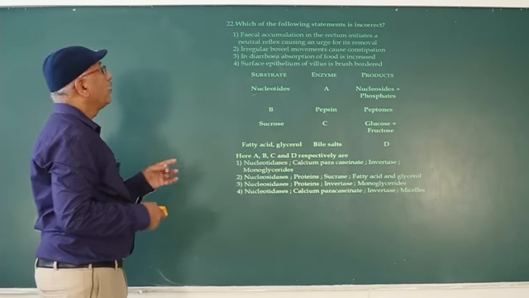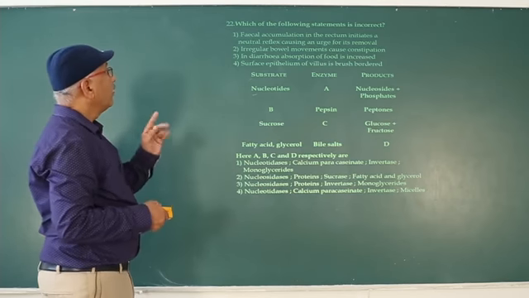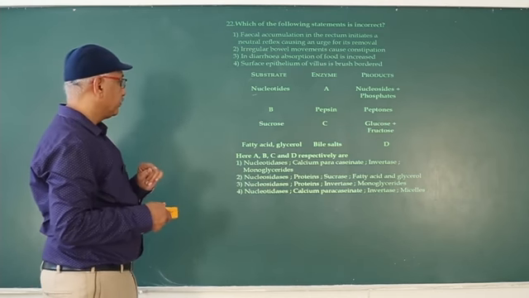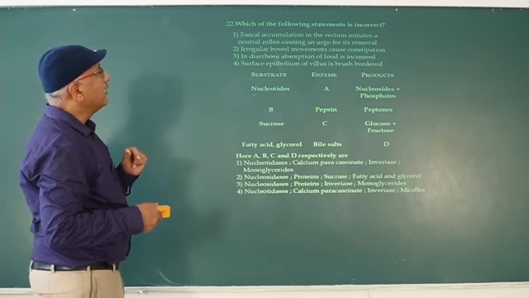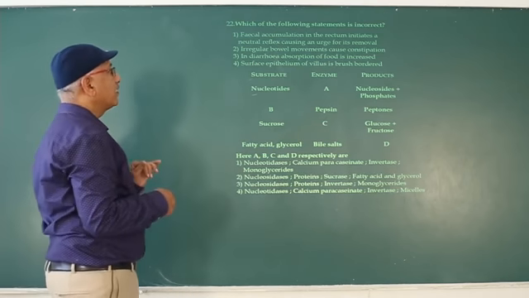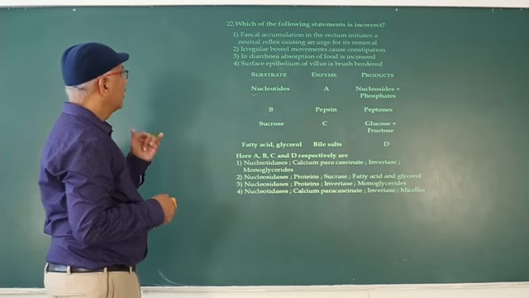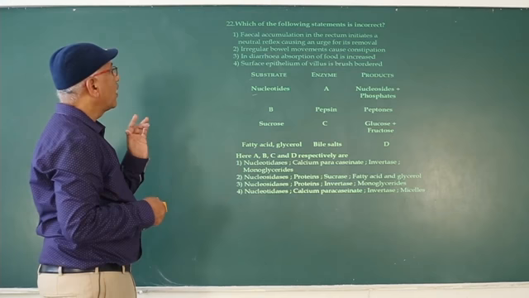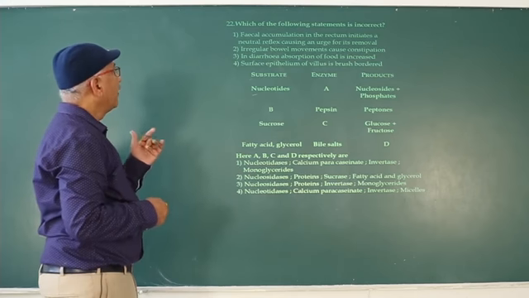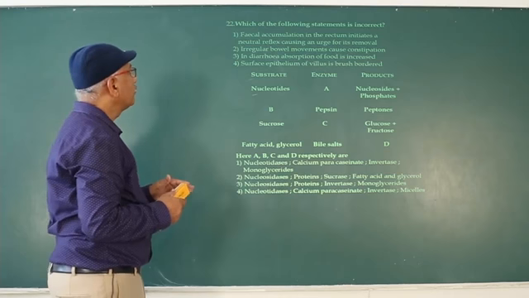Next question, which of the following statements is incorrect? Fecal accumulation in the rectum initiates a neural reflex causing an urge for its removal. Second, irregular bowel movement causes constipation. In diarrhea, absorption of food is increased.